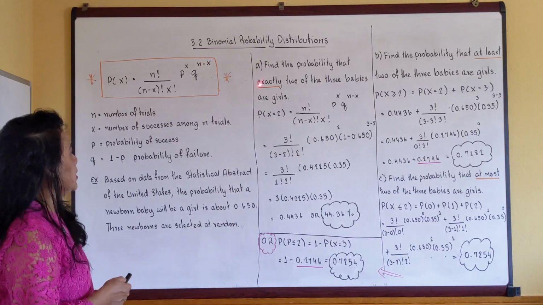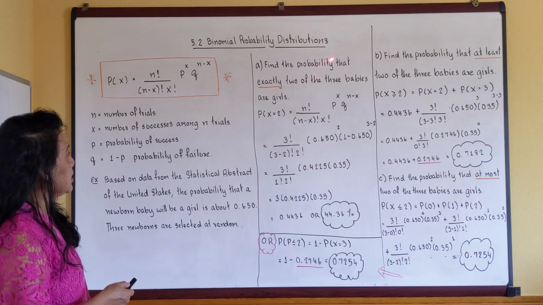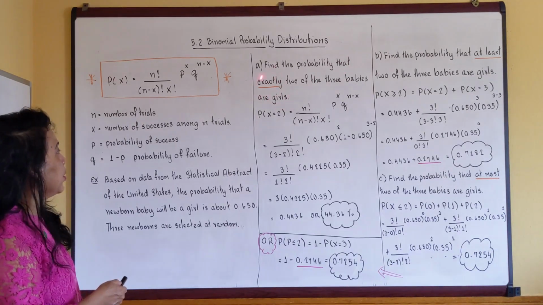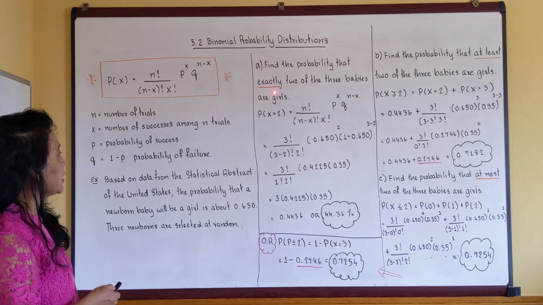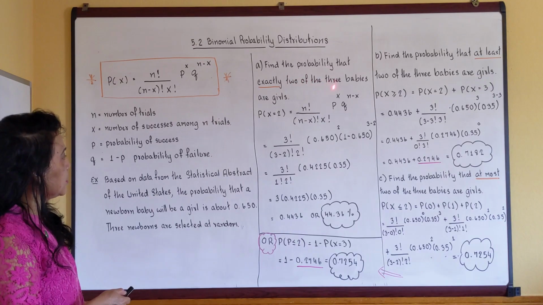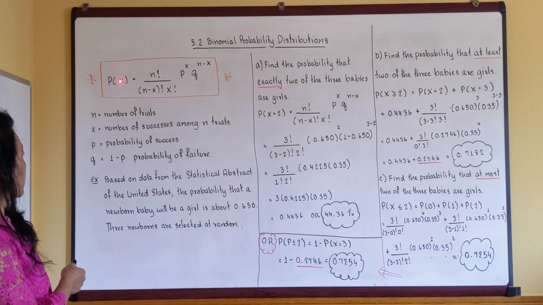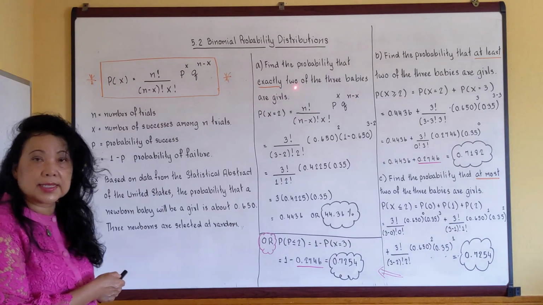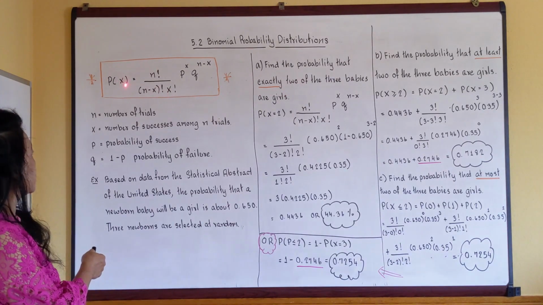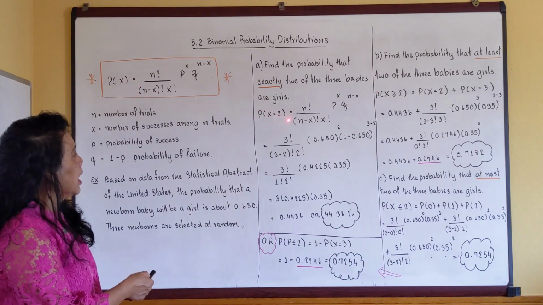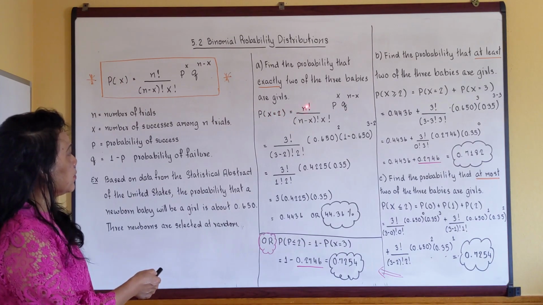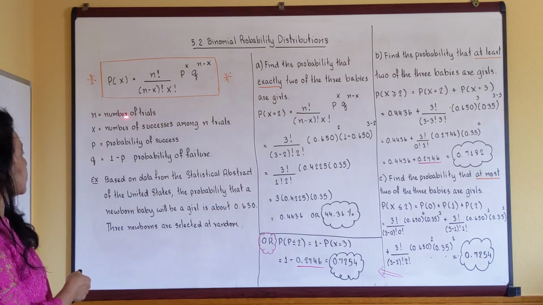So the question is, find the probability that exactly, this is an important word, that's why I underlined it, exactly 2 of the 3 babies are girls. So the probability of x equal to 2 because we want exactly 2. So this is x exactly 2, all right, equal to n factorial. n is the number of trials.